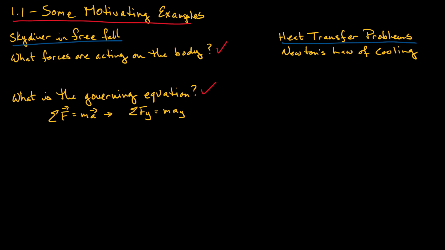So we have our skydiver here, who has jumped out of the plane. So you can think of probably a few forces that are acting on the body. So we have the force of gravity, or we could call this the weight.